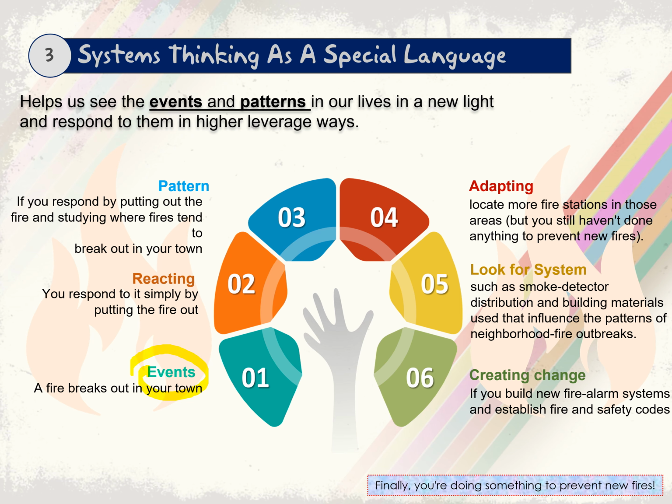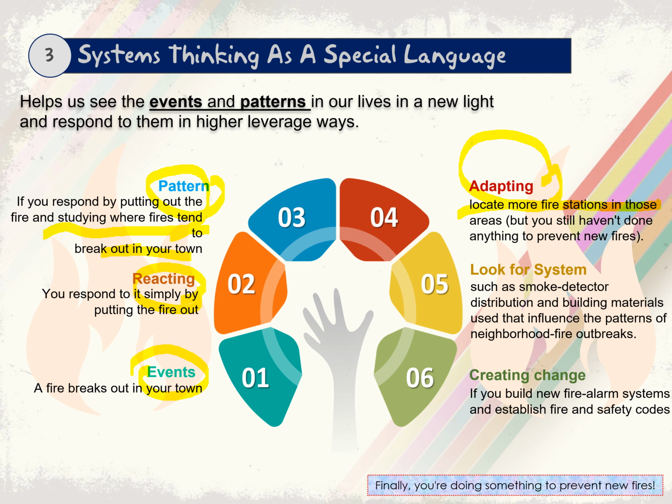If we respond by simply putting out the fire, we are reacting to the situation. But if you also study where fires tend to break out in the town, you are looking into patterns, right? As a result, let's say you locate more fire stations in those areas, so you are adapting to the situation, but you still haven't done anything to prevent new fires.